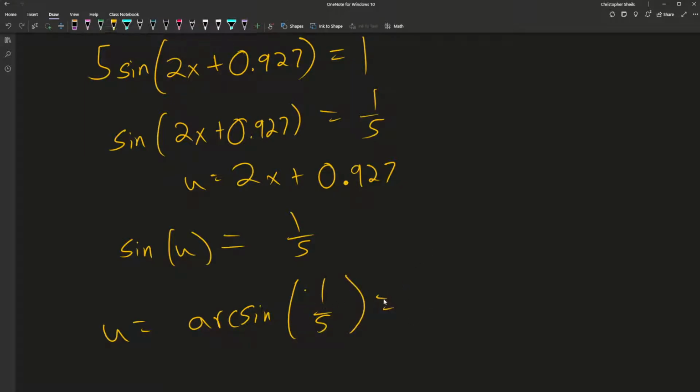Arc sine of 1/5 is about 0.201. This is in quadrant 1. The sine function's also positive in quadrant 2. Because this is in quadrant 1, this is actually my reference angle. Right. Angles in quadrant 1 are reference angles.